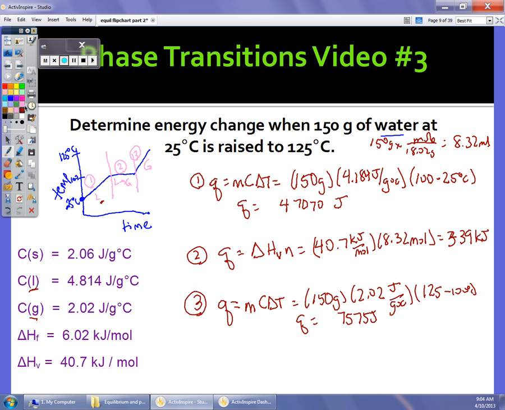But notice how right here, I'm in kilojoules. For the other two, I'm in joules. So whereas in the past, you're going to want to convert them so they're all matching units. Since 1000 joules equals a kilojoule, that means 47 kilojoules here, and down here, 7.6 kilojoules.